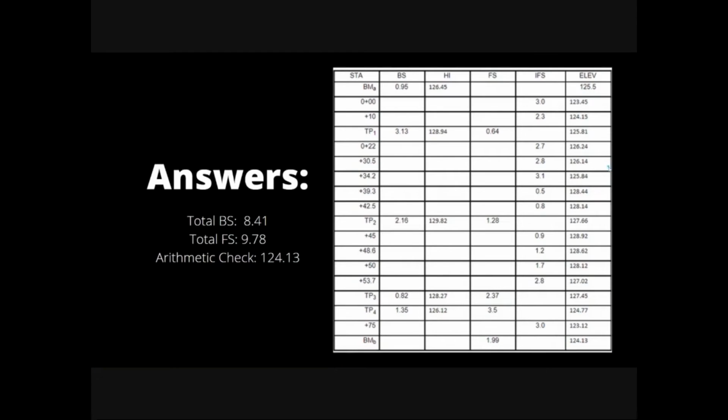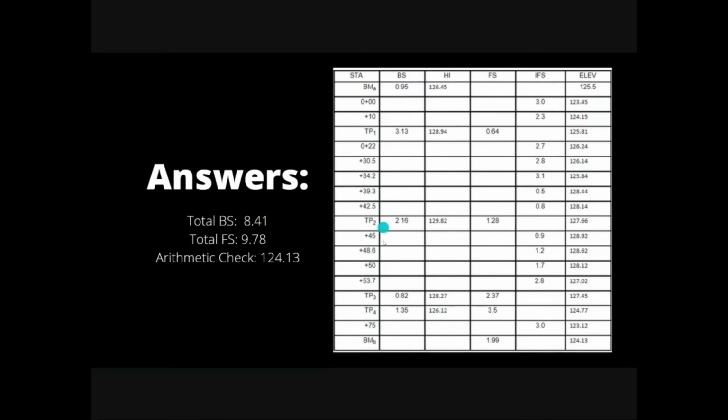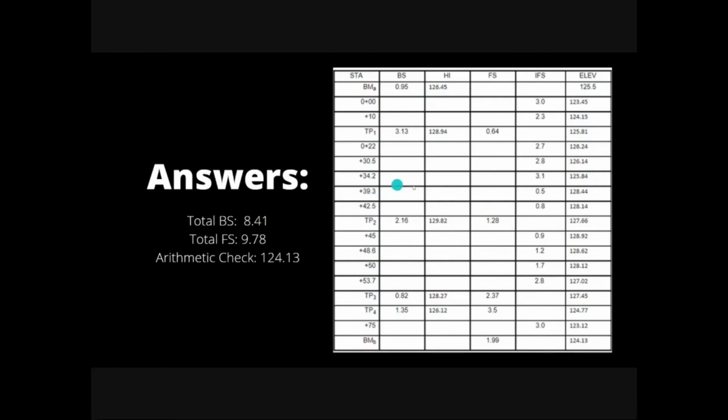Now to do the arithmetic check, we first have to get the summation of the backside values that we use, and we are only interested in the benchmarks and the turning point values, since we didn't move the instrument station by station.